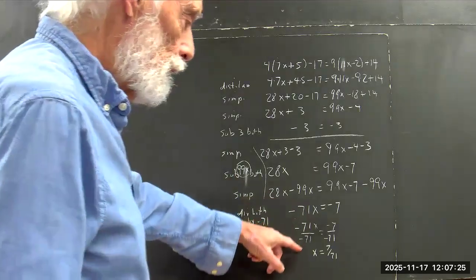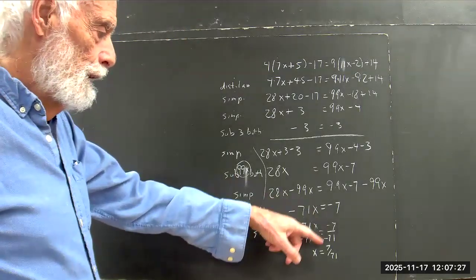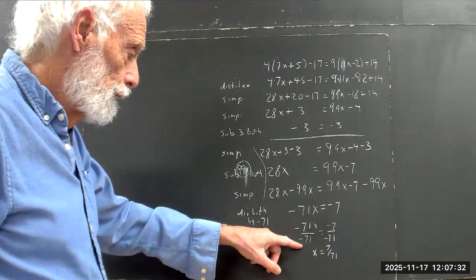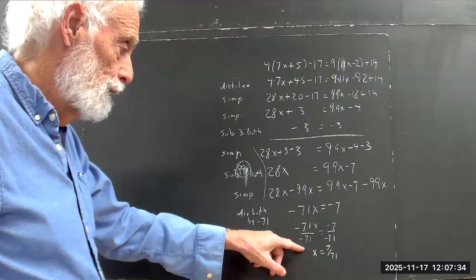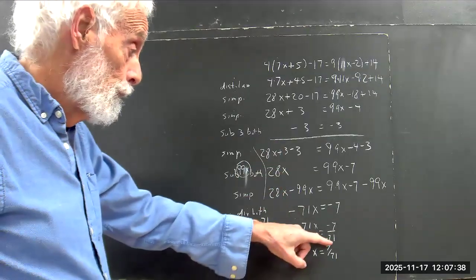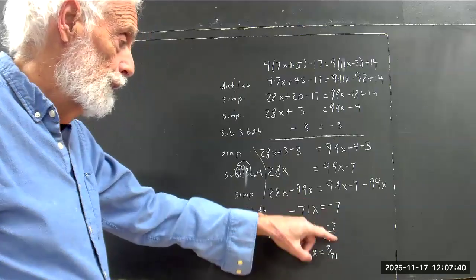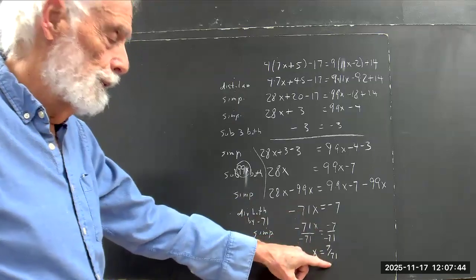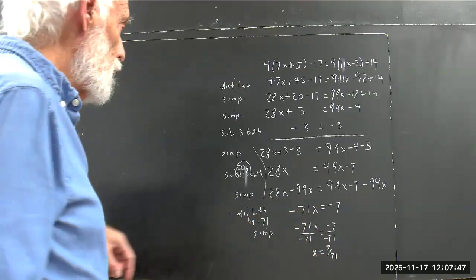Negative 71x over negative 71 is equal then to negative 7 over 71. Negative 71x over negative 71 is just x, because the negative 71 divides the negative 71 one time. And negative 7 over negative 71 is a negative over a negative, which is a positive. Now we check.